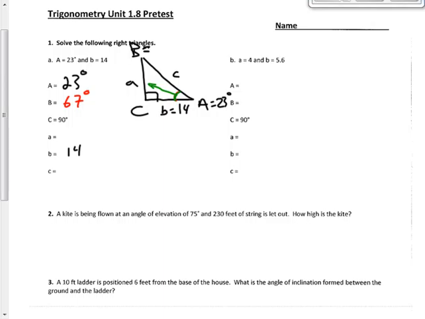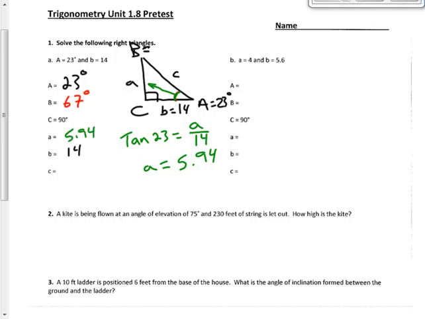I can use the tangent of 23 is equal to my opposite side A over my adjacent side, which was B, which is 14, and then just solve that. So I multiply by 14 on both sides, and I end up with side length A of 5.94, and we'll just round to hundredths here. I think as you go through the worksheet, they're all on tenths, but that's okay. A is equal to 5.94.